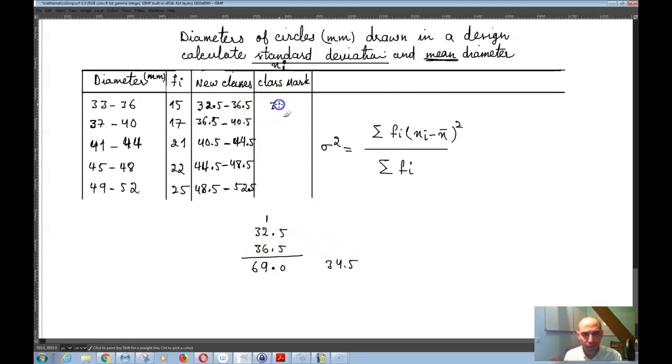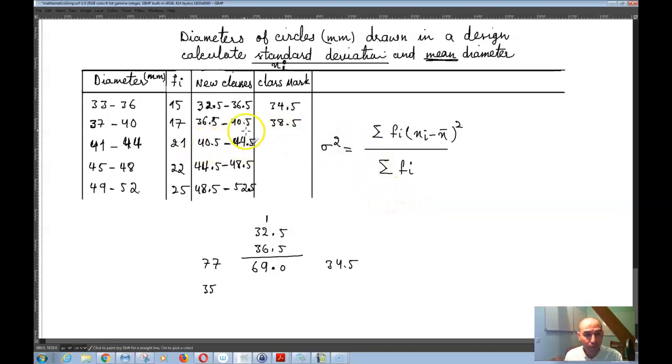So this becomes 34.5. Or for this class, 36.5 plus 40.5 is 77. 77 divided by 2 is 38.5.